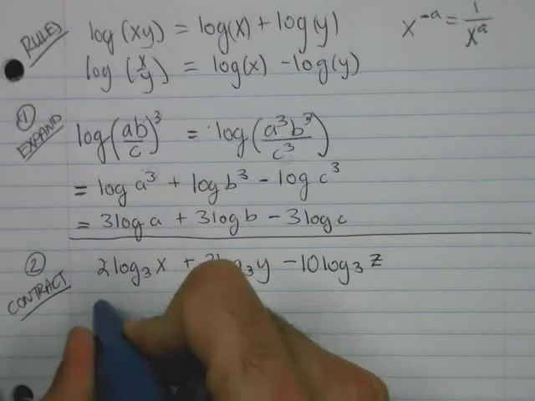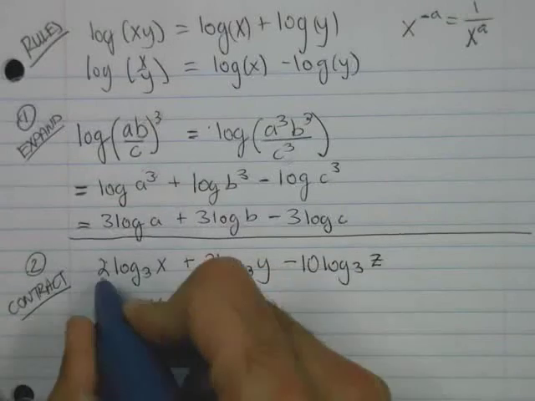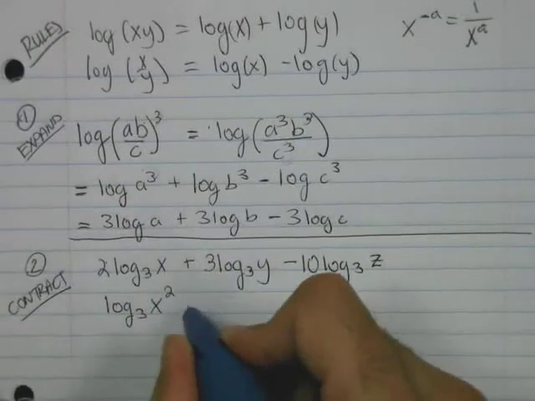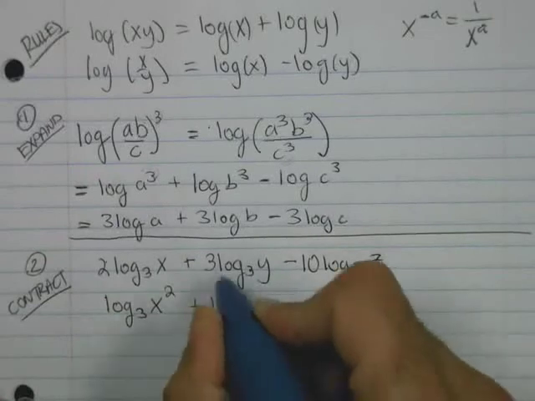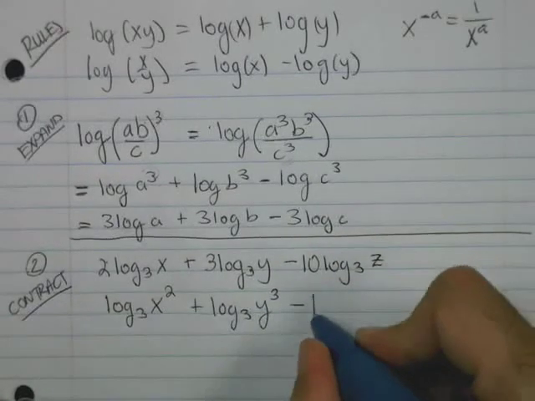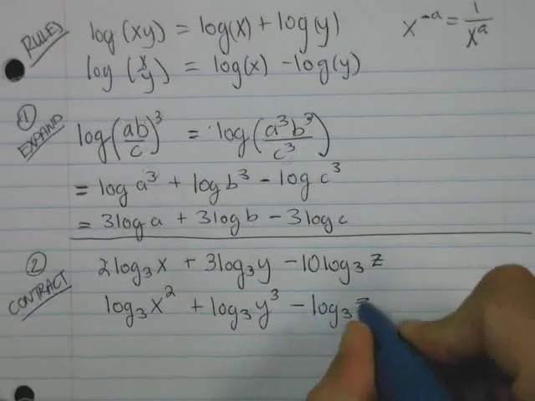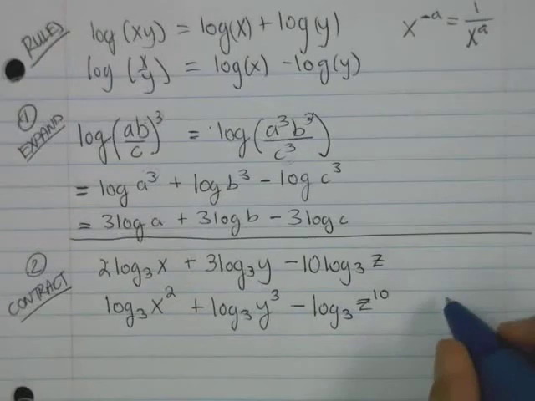Log base 3 of x to the second power plus log base 3 of y to the third power minus log base 3 of z to the 10 power. Good so far? And that was our log power rule.